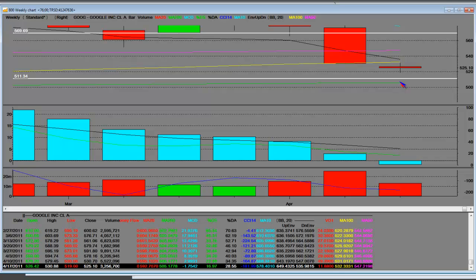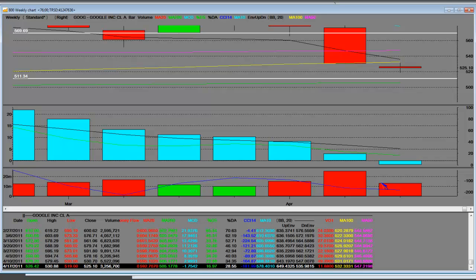What we're talking about is that you're going to have to gap above this narrow price range weekly movement. If you don't, and it starts to slip below right here on heavier volume, then we're headed down to 505.17. If we come down and test that 200-week, that means that this weekly percent D will get into such an oversold condition that you have to buy it at that point.